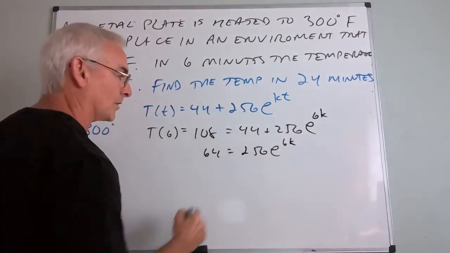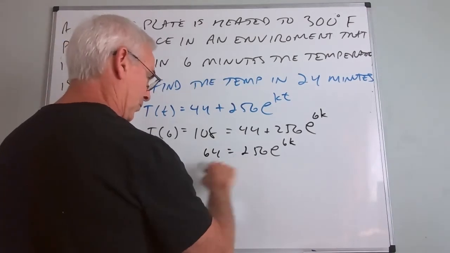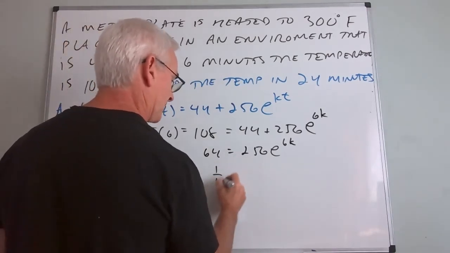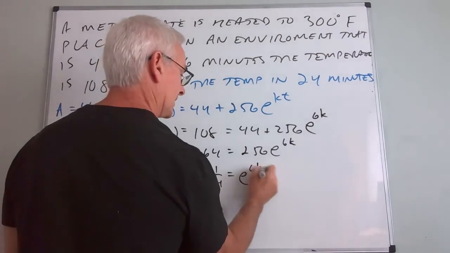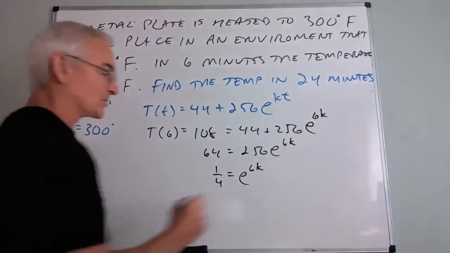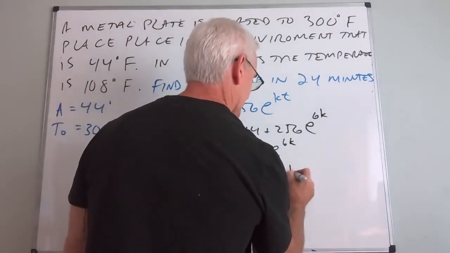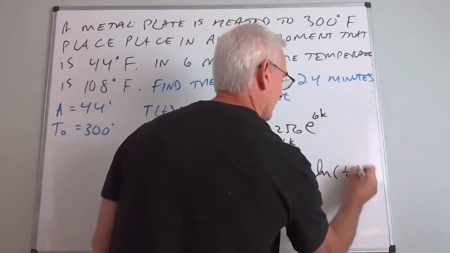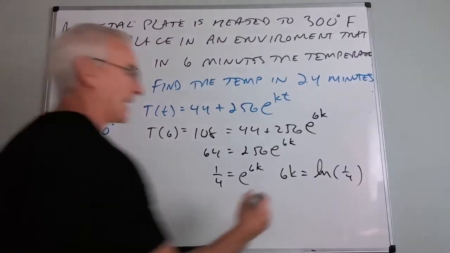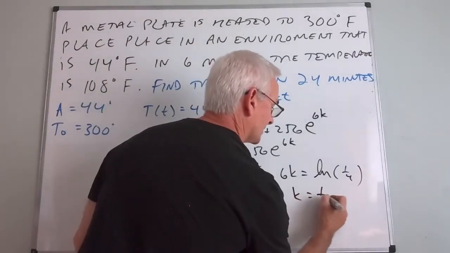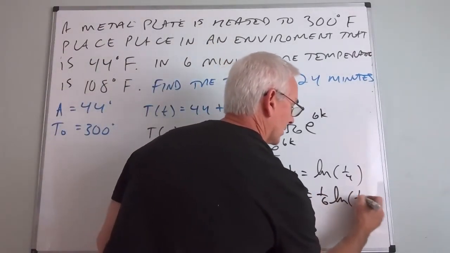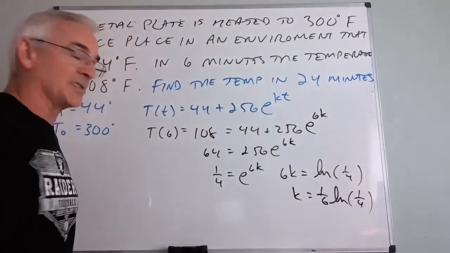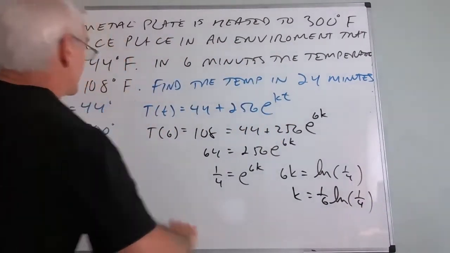Multiplying by 1 over 256, that's exactly 1 over 4, so 1/4 equals e^(6k). So finally, 6k equals the natural log of 1/4, and therefore k equals 1/6 times the natural log of 1/4. Yes, that is a decimal value, but there's no reason for me to use that.